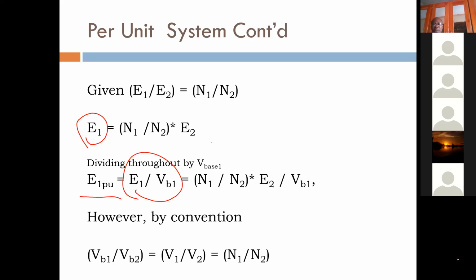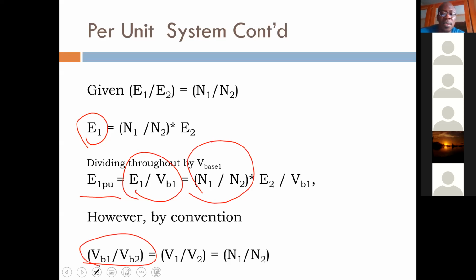So right away, based on this convention, we can substitute for N1 over N2, which would be equal to VB1 over VB2. And if we substitute, we're going to be left with, do we have this? Yes, sir.